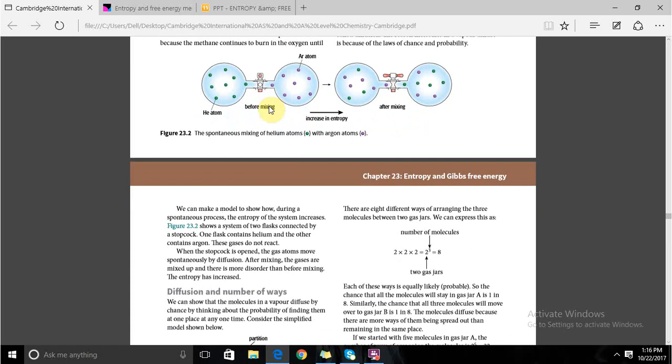The reason is that when we remove the stopcock, we have given this system greater entropy. Why? Not because this mixing up has taken place. That is one possible state.